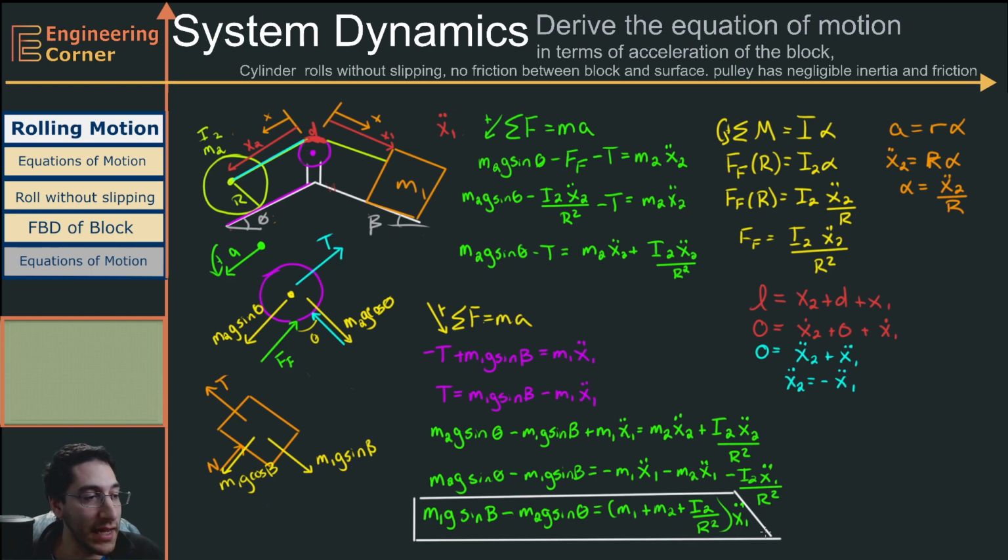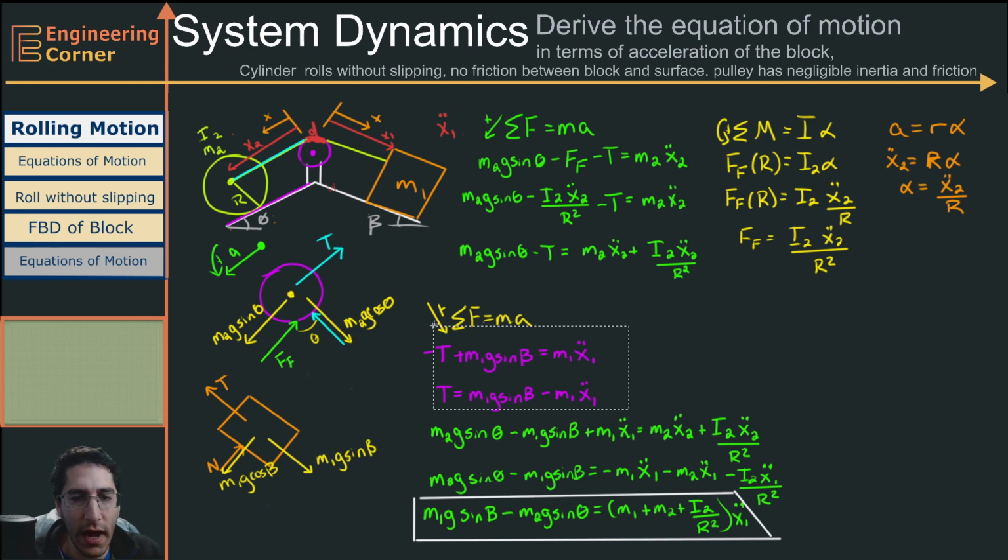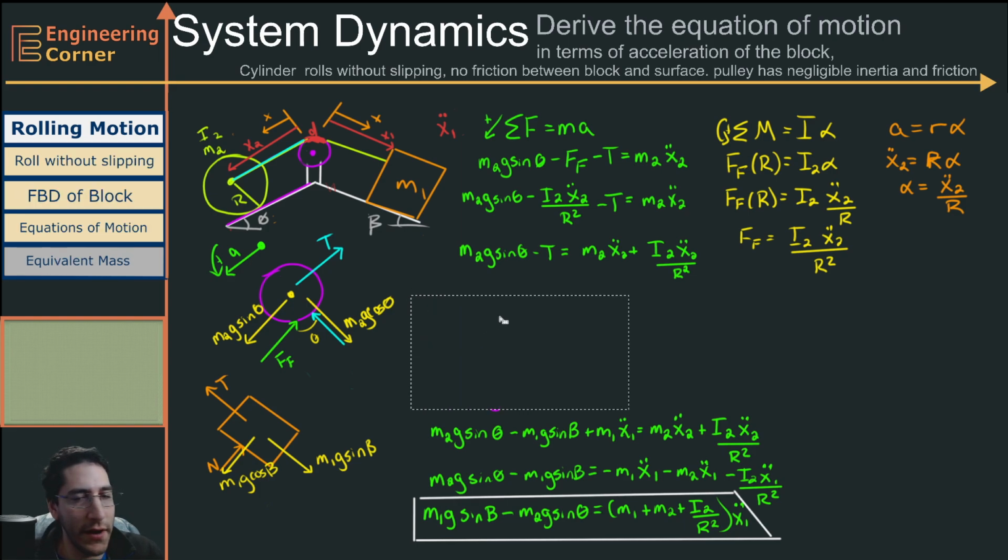Now, I said I wanted to do this in a slightly different way. So I'm going to take away a lot of this intermediate work right here. I want to keep some things, but I'm going to use equivalent mass now.